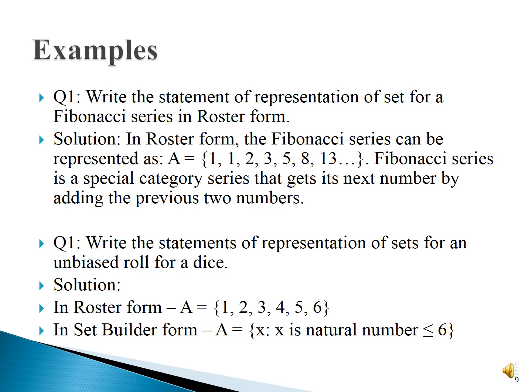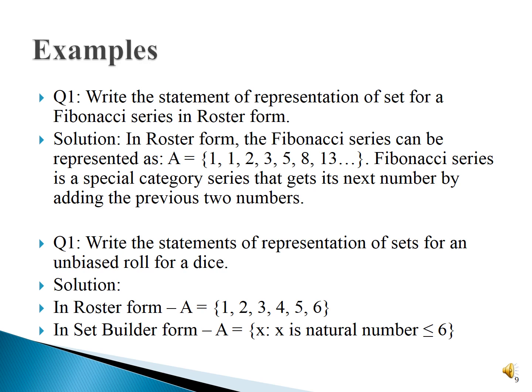So in the roster form, the Fibonacci series can be represented as A equals {1, 1, 2, 3, 5, 8, 13, and so on}, because 1 plus 1 is 2, then 1 plus 2 is 3, 2 plus 3 is 5, 3 plus 5 is 8, 5 plus 8 is 13, and so on. It will be an infinite series.